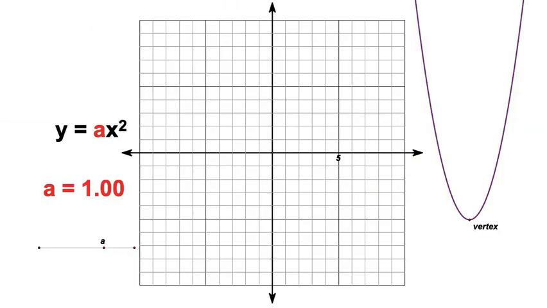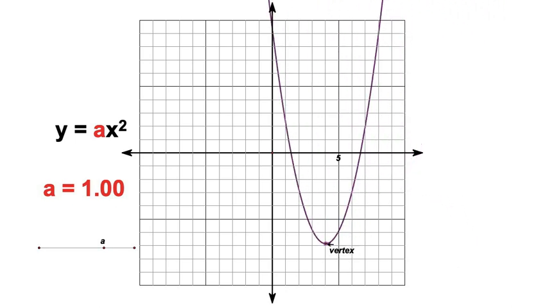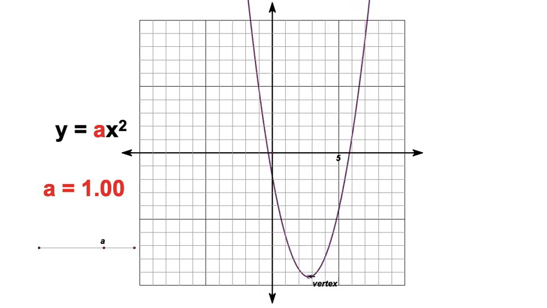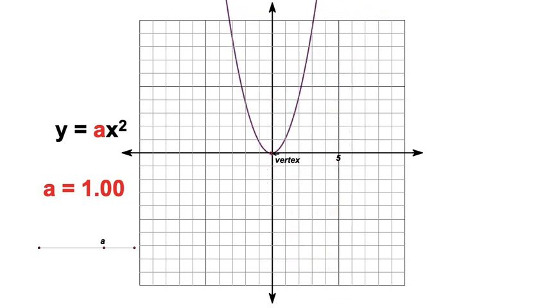First, let's review the concept. Here's just a regular old parabola, where the vertex could be anywhere. Let's put it at the origin for now. If I put the vertex there at the origin, that's y equals x squared. 1 squared is 1, 2 squared is 4, 3 squared is 9. We can see that.